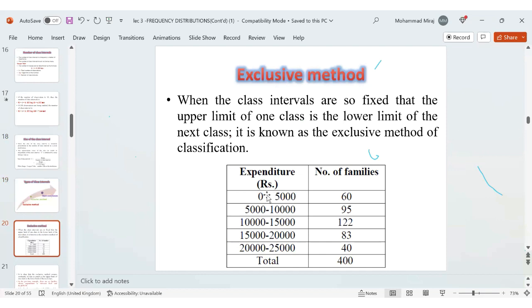So you can see how much money is being spent by families every week. You divide the expenditure into 0 to 5,000, 5,000 to 10,000, 10,000 and so on. So there's a continuation, 0 to here, here to here. That means number of families 60, 95, 122, 83, 40, total 400. So this is known as the exclusive method.